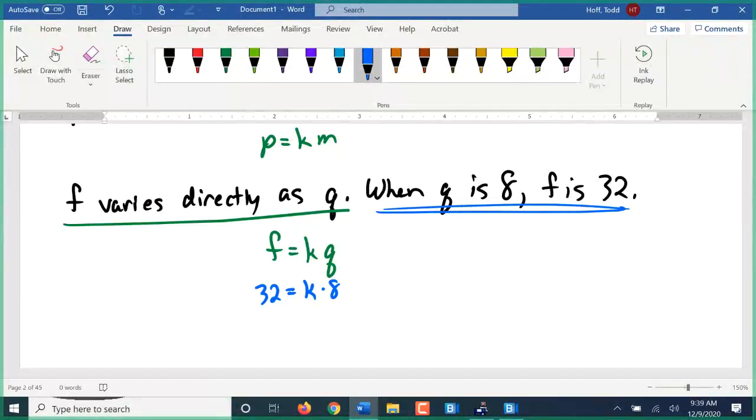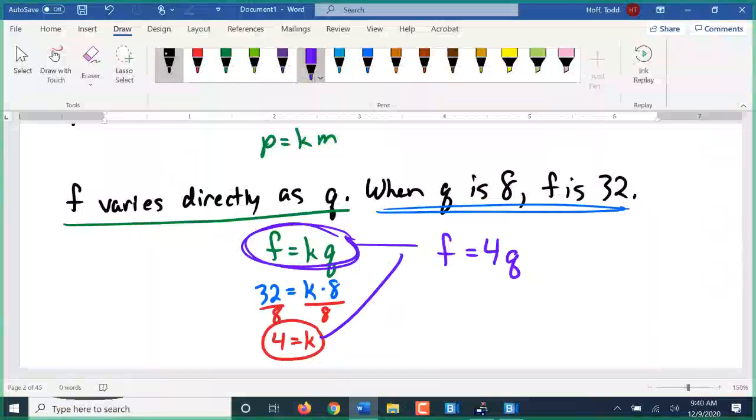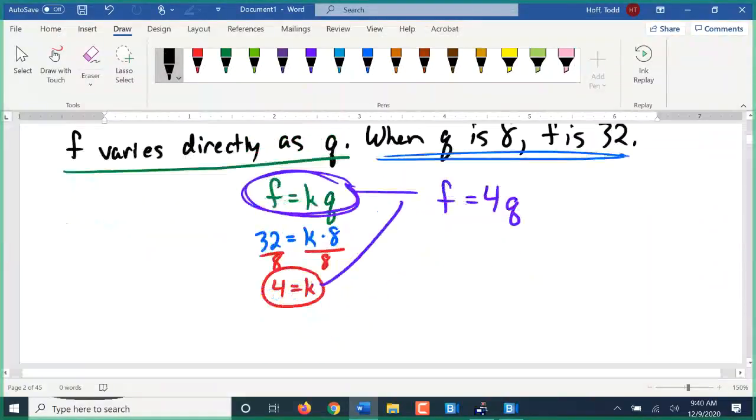So we can solve for K by dividing by 8. 4 equals K. Well, now that we know that K equals 4, we can further define this relationship. Instead of F equals K times Q, we can say F equals 4 times Q. And we could go another step yet.